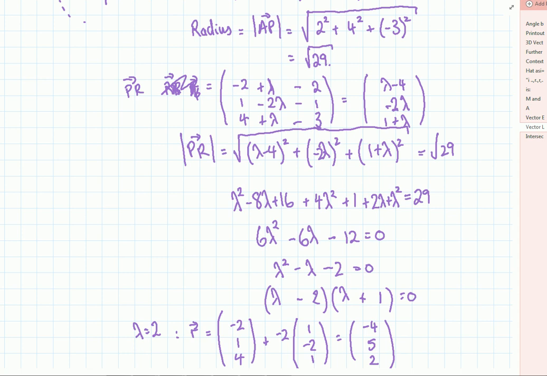Oh, I've got the wrong sign in here. Sorry, that's positive 2, isn't it? So correct that. So that's 0, minus 3, and 6.